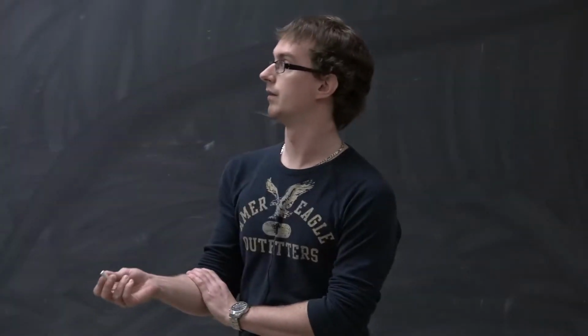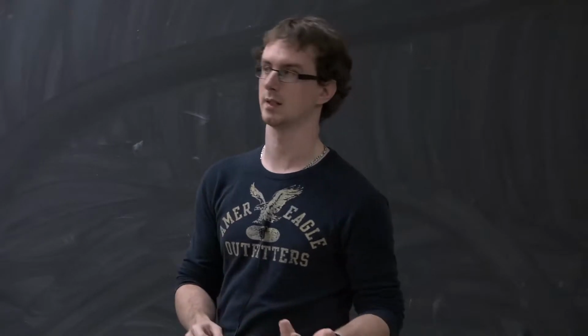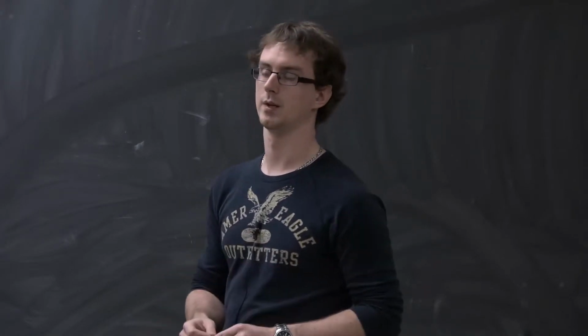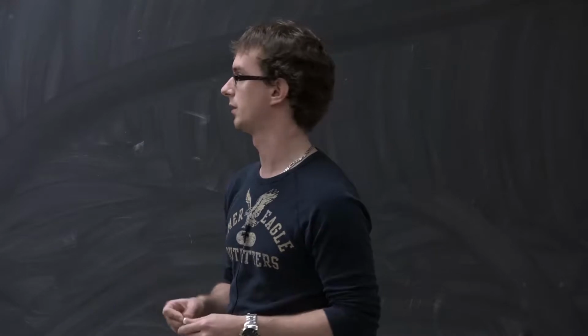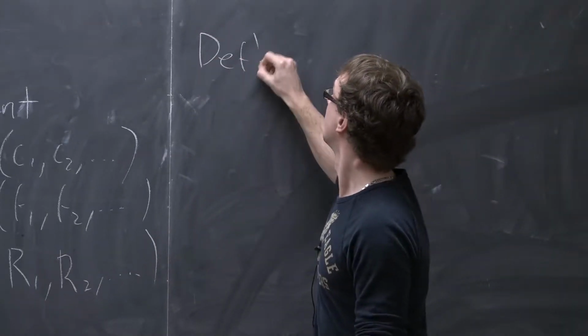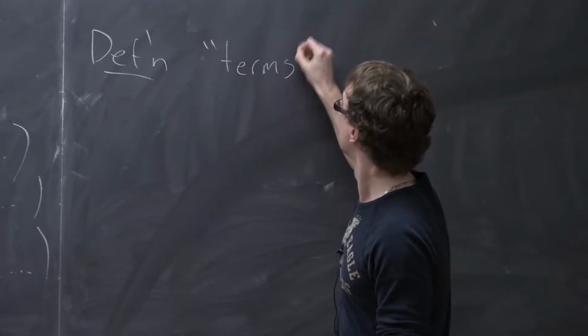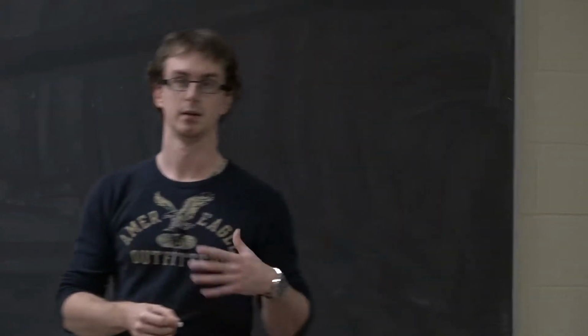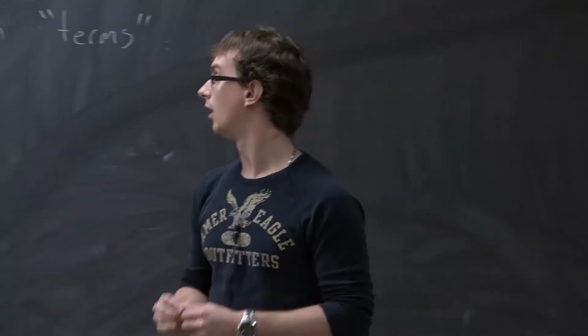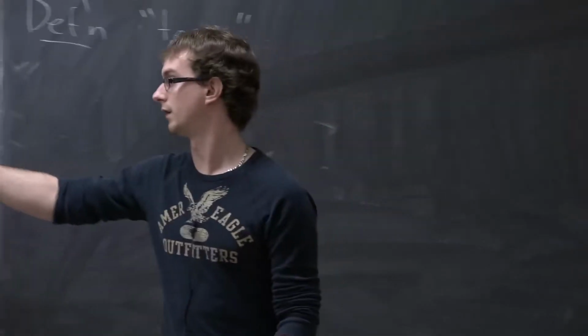So first off, again, recall what it meant to be a well-formed formula. I'm going to go through this quicker than you did last lecture, but it's important to restate because, again, the definitions build upon each other. So we have a number of definitions. We had what were the terms. You can think of the terms as basically what you can get by inductively combining all of your constants and variables together with your functions.